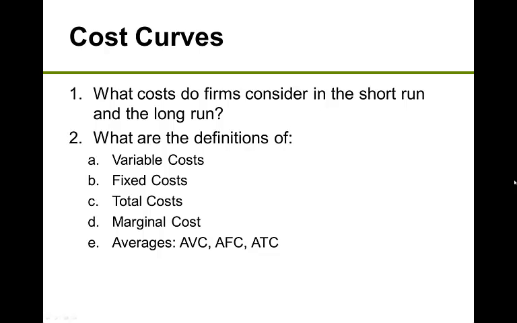And then we're going to define a lot of different equations for costs, and it will become more apparent why we care about these different costs when we talk about firms operating in perfect competition and other market structures. So we're going to define variable costs, fixed costs, and total costs, marginal cost, which will be a very important concept, and then we will look at the average variable, average fixed, and average total cost.